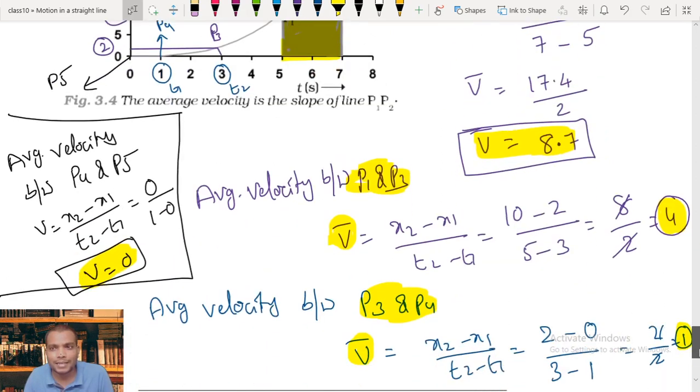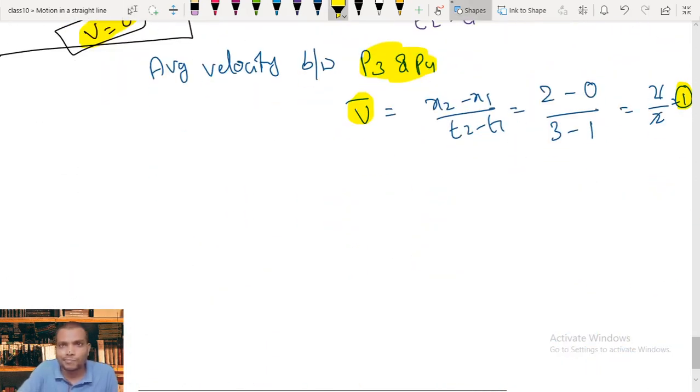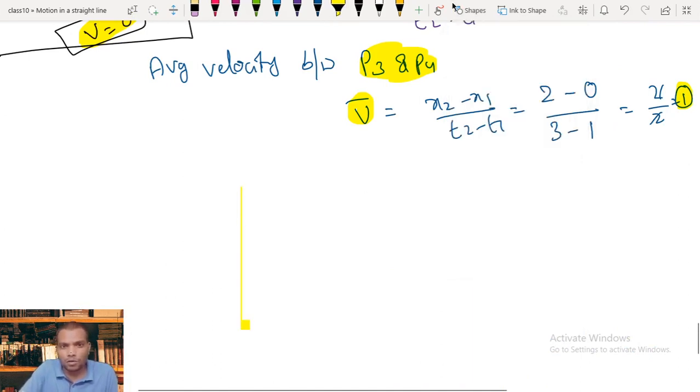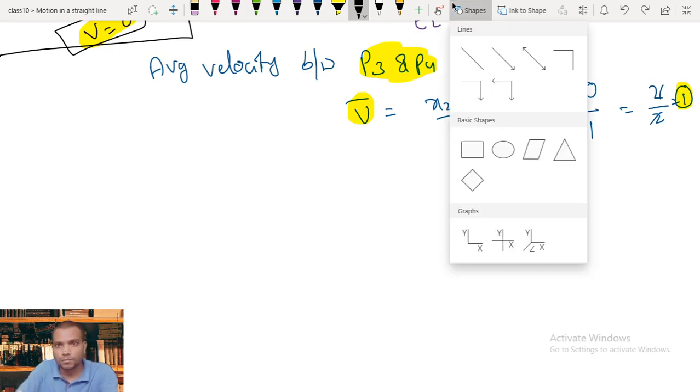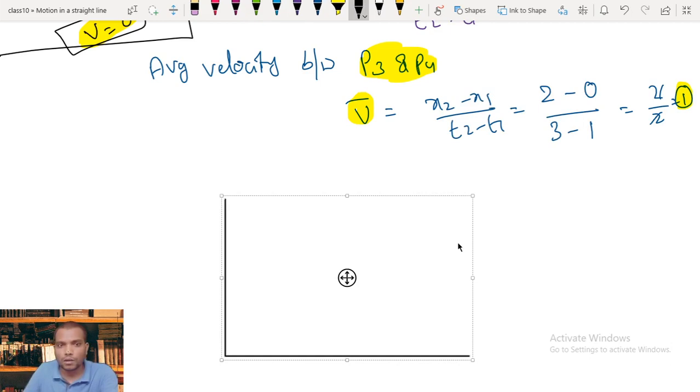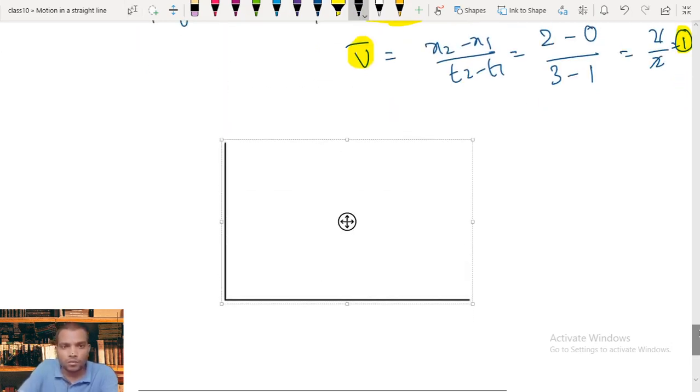Now by taking this, I would try to plot the graph. On the time axis, and here it is velocity.